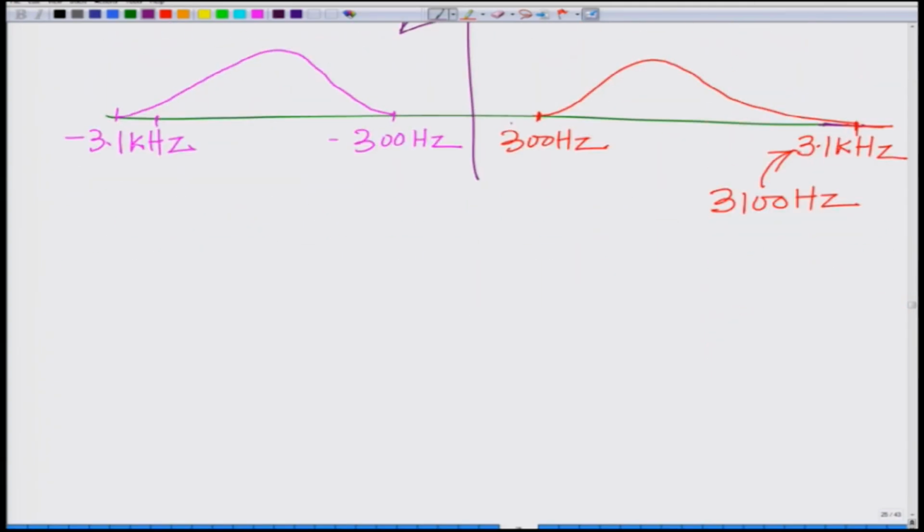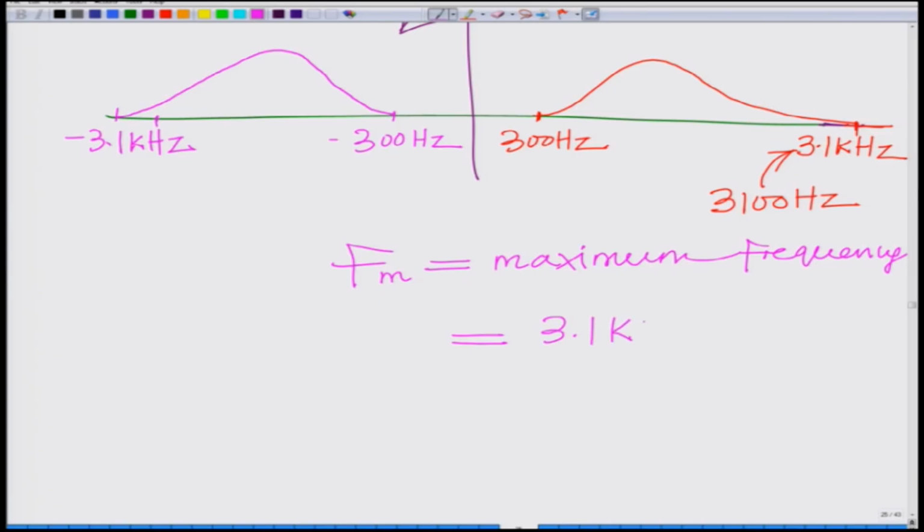Okay. Now, therefore, you can see the maximum frequency Fm in this case study of the voice signal, where we consider the multiplexing of 24 voice signals, equals 3.1 kilohertz, that is the maximum frequency of the human voice signal.